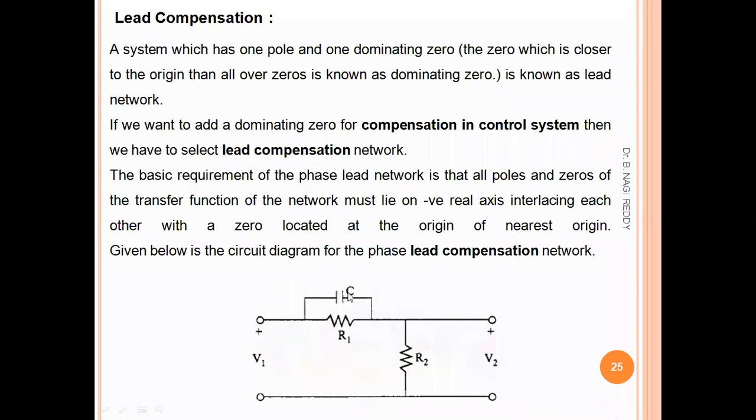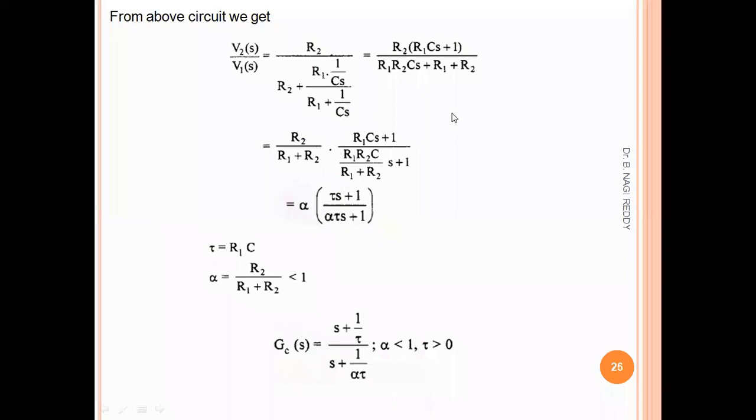Here C and R1 are connected in parallel, and R2 is in series. If you simplify this expression, we get V2 of S by V1 of S as R2 into R1 CS plus 1 by R1 R2 CS plus R1 plus R2.